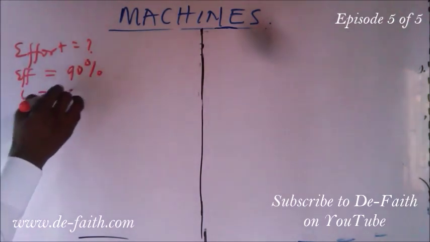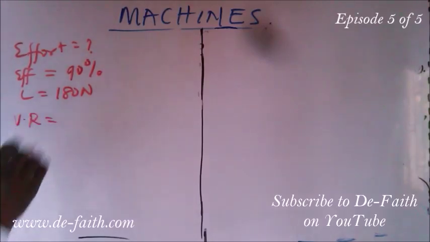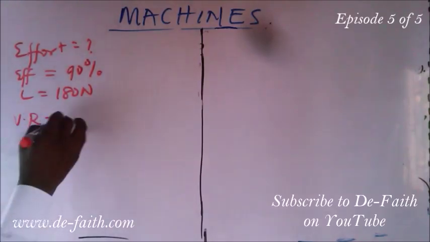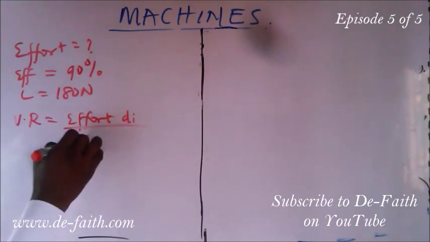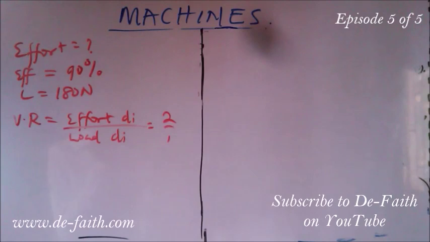Move a load of 180 Newton if its effort arm is twice as long as its load arm. If it is twice as long, we can say the velocity ratio, the effort distance to the load distance, is 2:1. That is what it means, so the velocity ratio is 2/1.